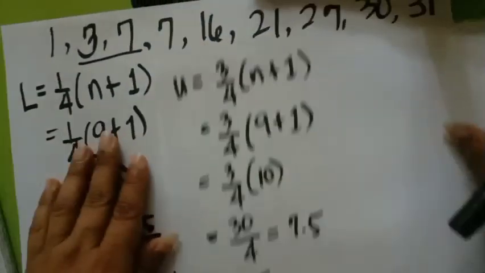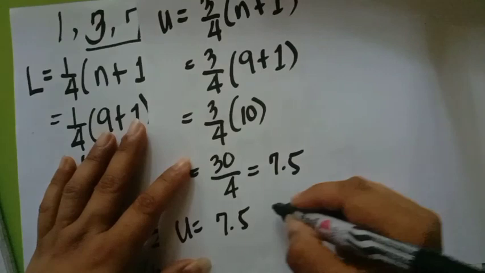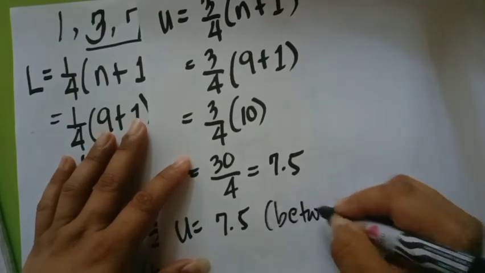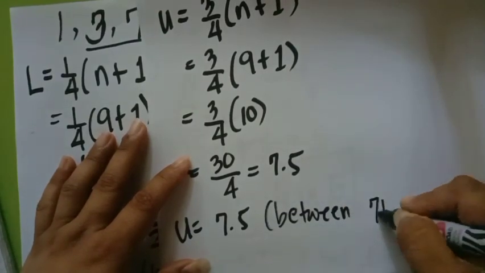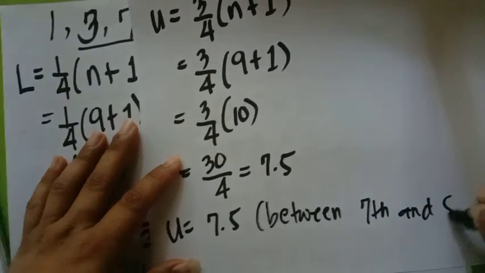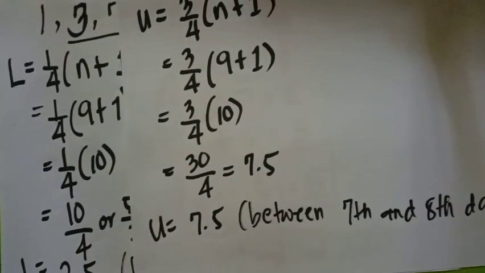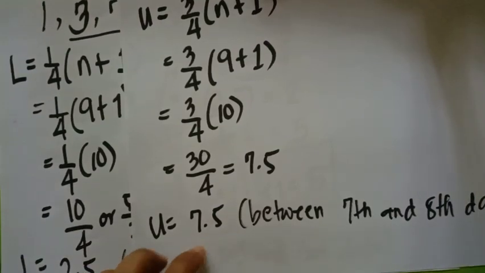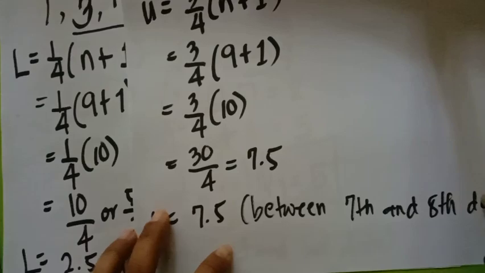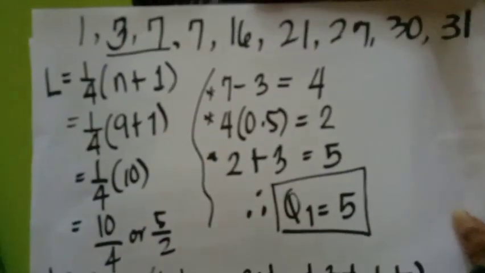Ano ba yung 7.5? 7.5 is between what? 7th and 8th data. So, ibig sabihin, yung posisyon ng upper quartile natin nasa pagitan ng 7th and 8th data. Parang katulad nito kanina nitong Q1 natin, di ba?